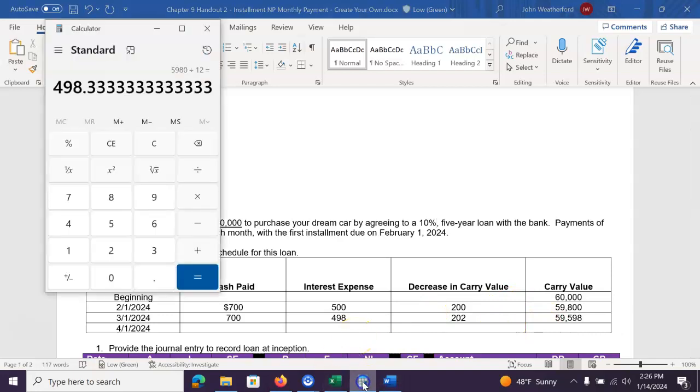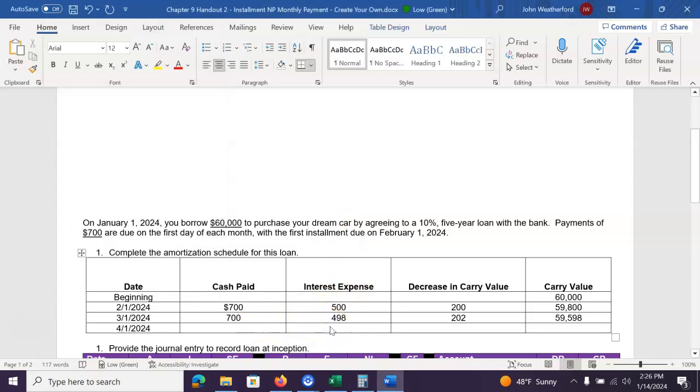We'll say 59,598 times 0.1. That would be the interest for a year, divided by 12, gets us $497 interest expense here. And I'm rounding, of course.